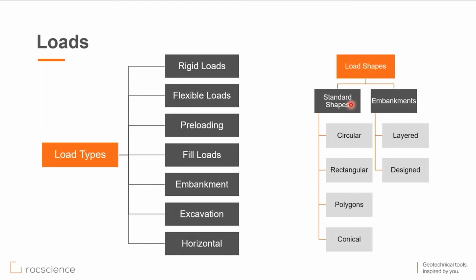The load shapes may be standard, circular, rectangular, polygons, conical, or even truncated conicals. The embankments may be layered embankments, so they are built in horizontal layers, or may be designed even with non-horizontal layers.